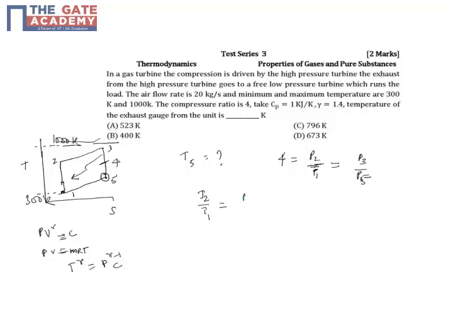So from this basically you can get back to this equation: T2 by T1 is P2 by P1 whole power (gamma minus 1) by gamma. This is something which you always have to use when you are dealing with a reversible adiabatic process. So P2 by P1 is 4 and gamma is 1.4, so 0.4 by 1.4, and T1 is 300, so 300 into 4 to the power 0.4 by 1.4.